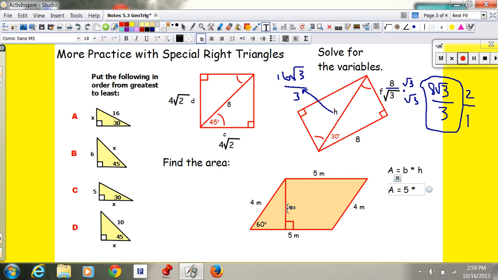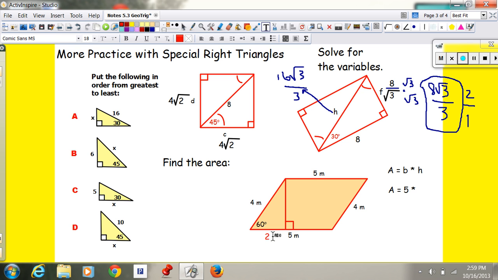Now let's see if we can find this height. We got a 60, that means this is the long leg. And my short leg is going to be half of this 4. So my short leg is actually going to be a 2. Let me make that a different color so you can see that it's different. Now that's actually a side there.